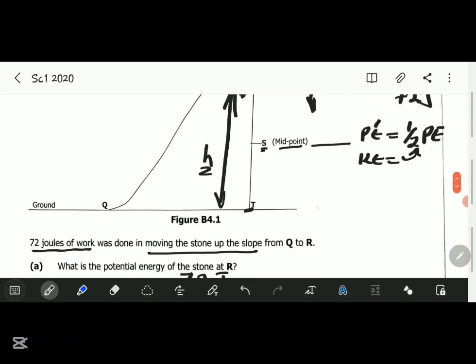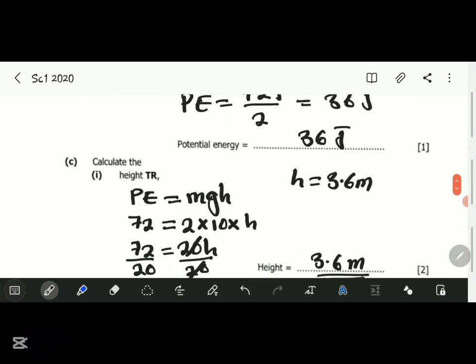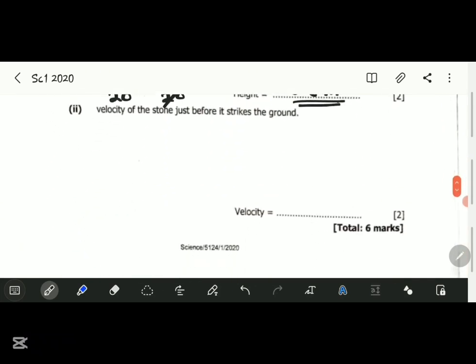Now at the bottom, potential energy is at its minimum, which is equal to 0, while the kinetic energy is at its maximum, which is equal to 72 joules. So all the potential energy has been transferred to kinetic energy. So we are going to use 72 as our kinetic energy just before it hits the ground, where height is equal to 0.